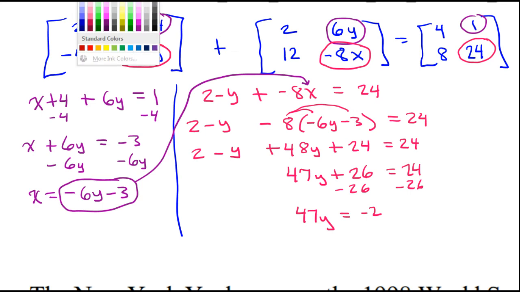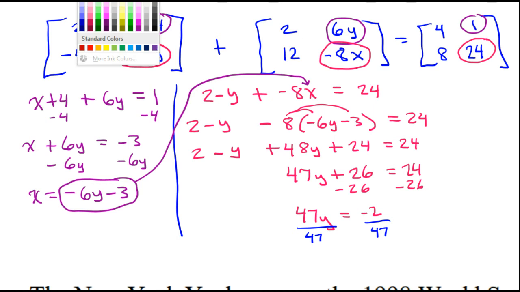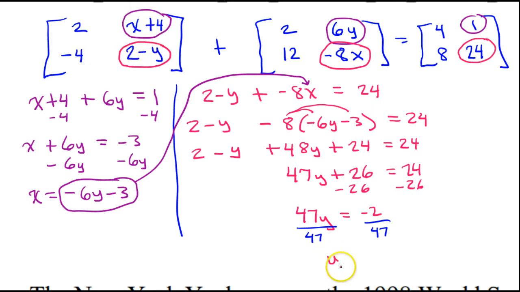That always makes me fear that I made some kind of a mistake, which is entirely possible because there's so many steps. Okay, so this would be y equals negative 2 over 47. Okay, so assuming I haven't made a mistake, this should be the final answer. It just always makes me nervous when it's so ugly. But I'm going to press forward.